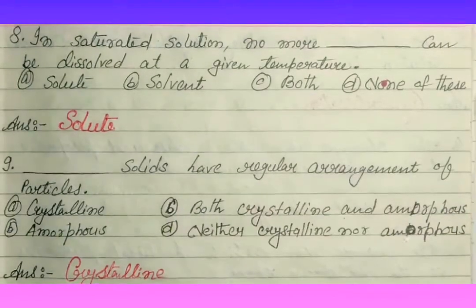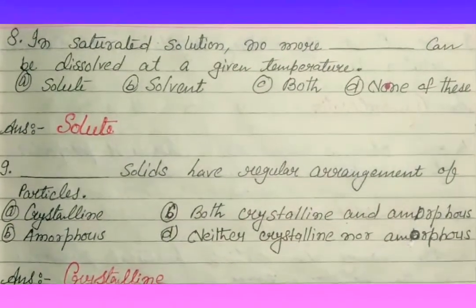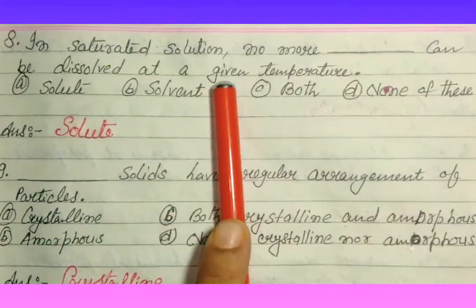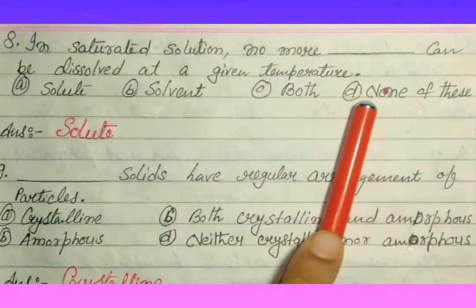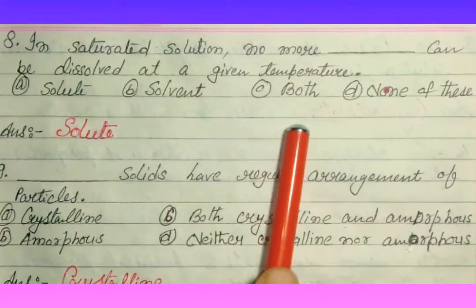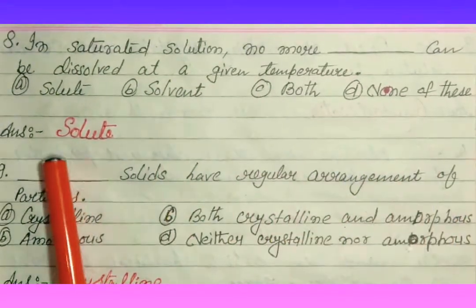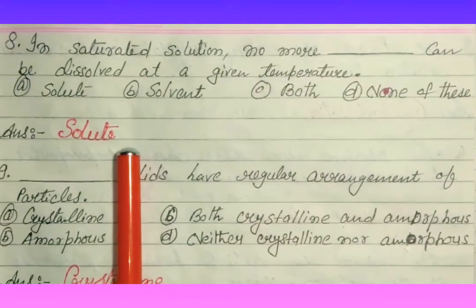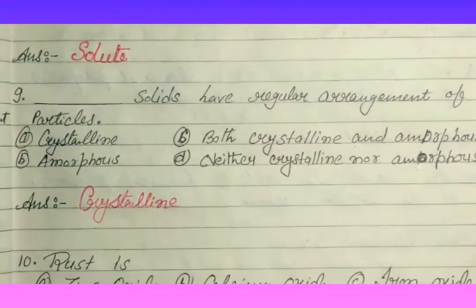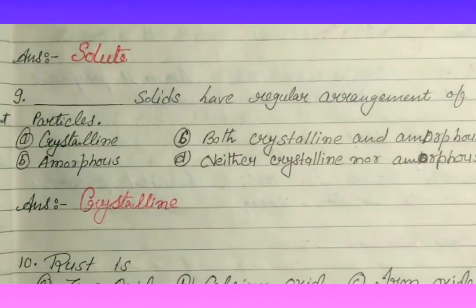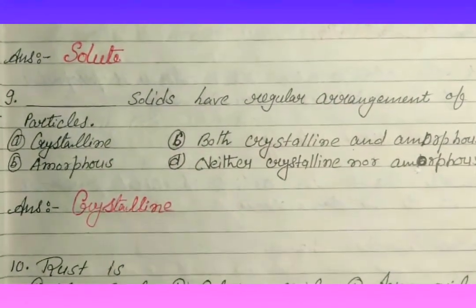Now the next question. In a saturated solution, no more dash can be dissolved at a given temperature. Solute, solvent, both, none of these. The answer will be solute. Question number 9. Dash solids have regular arrangement of particles.